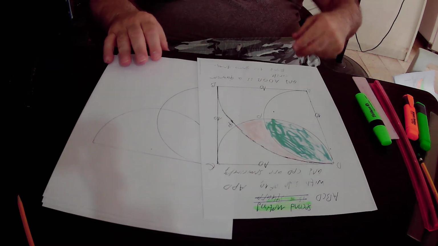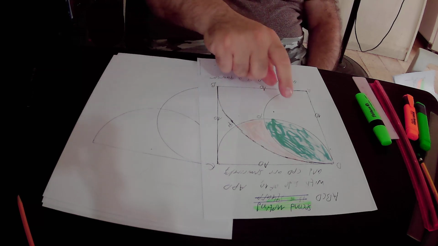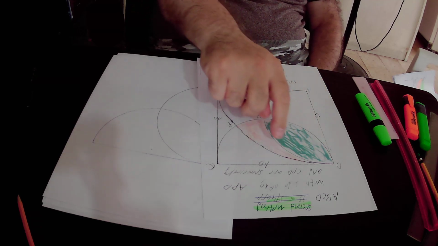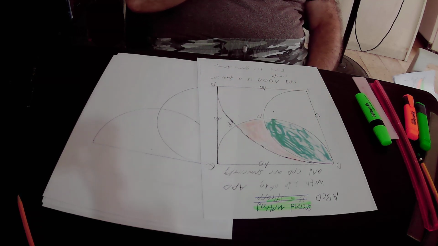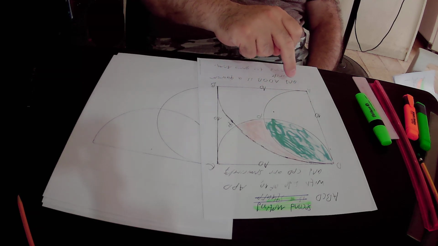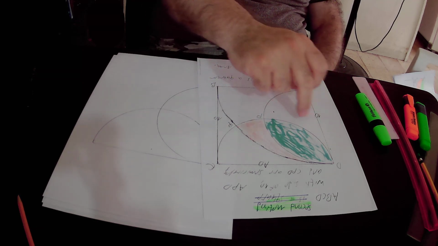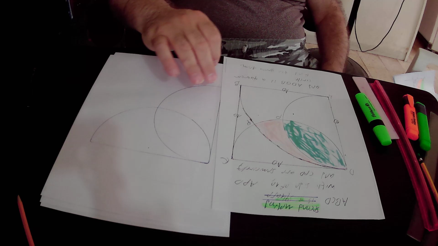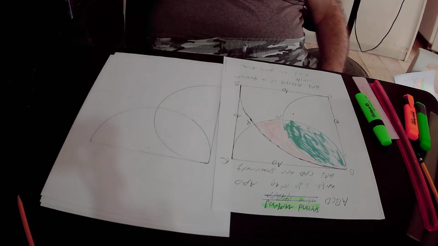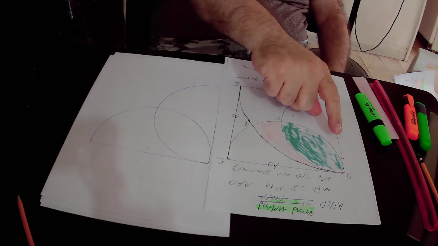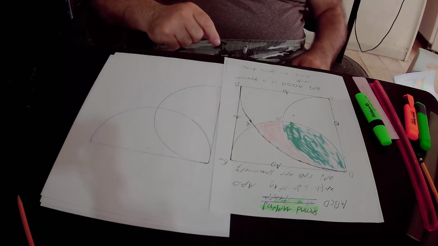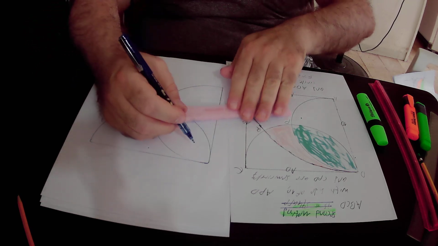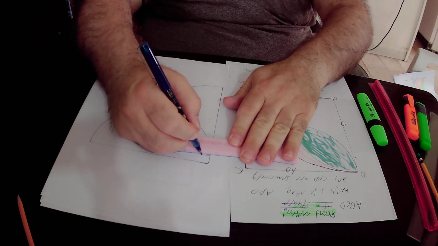So here we start from calculating directly the area of this blue shape. We know that this blue shape was created by the intersection of those two semicircles with each other. So here I copied the two semicircles, and they intersect with each other at 90 degrees, of course. So this angle equals 90 degrees.